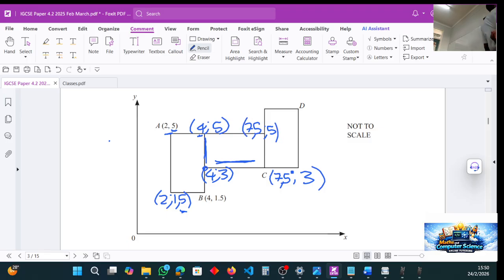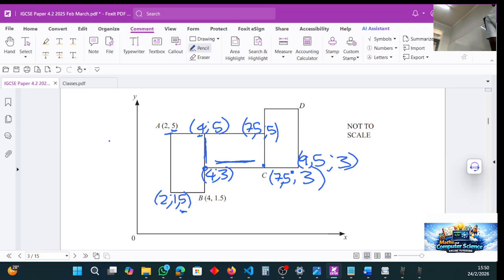Then what comes next? I've got a width here; we saw that our width is 2. So width corresponds to the x. So from 7.5, if I move 2 units, it means I'll be at 9.5. Against the y, which doesn't change, it will still be 3.